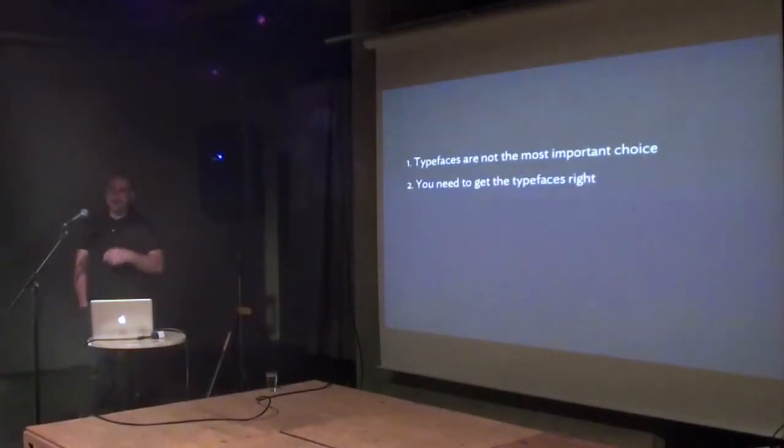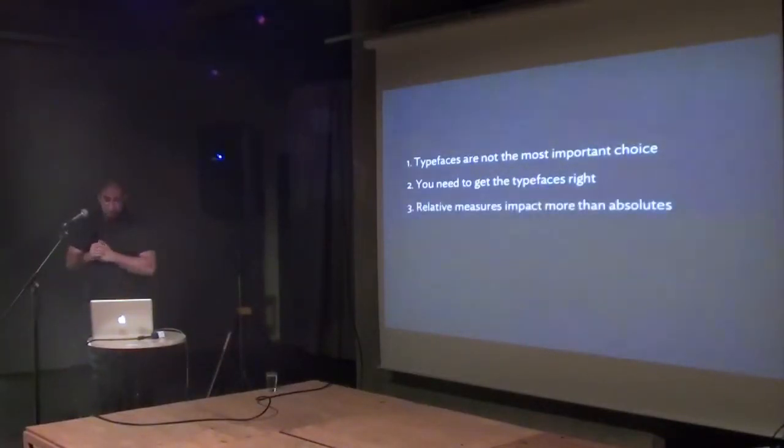Having said that, you do need to get the typefaces right. Within the genre that you're working with, within the styles that you're working with, and especially in the complement of types that you're using, you can get things wrong very easily if the typefaces do not support the document structure. When you're choosing typefaces, relative values are much more important than the specifics.